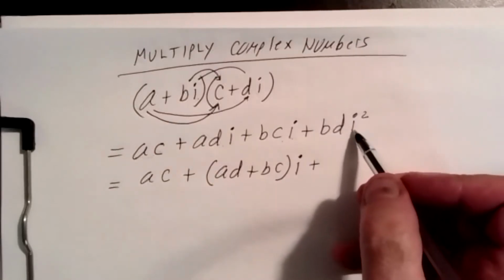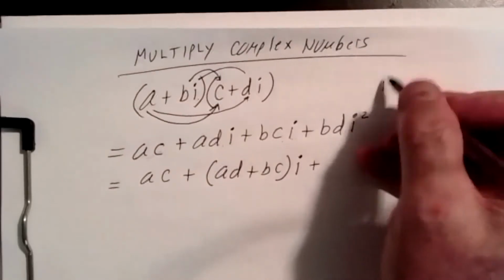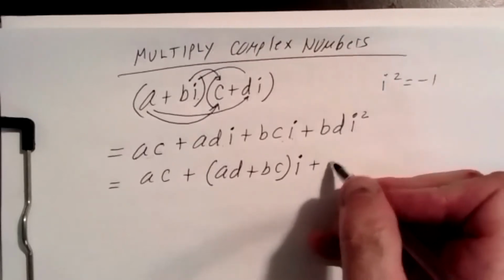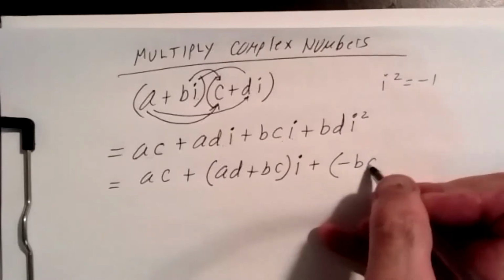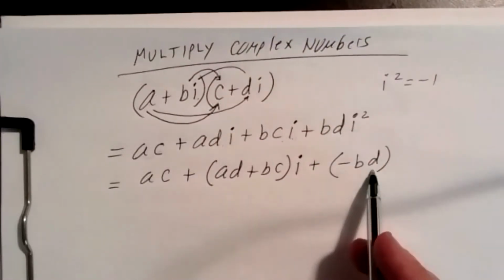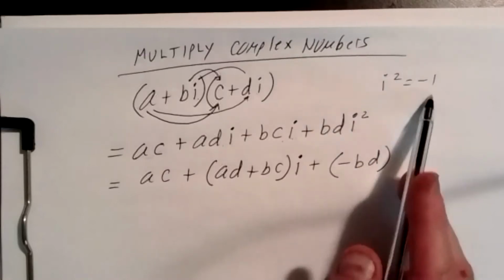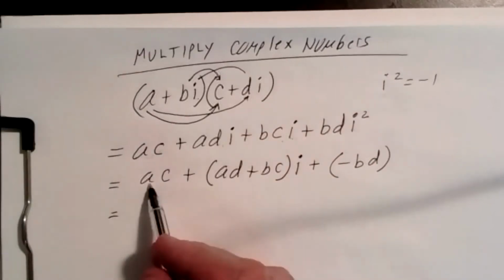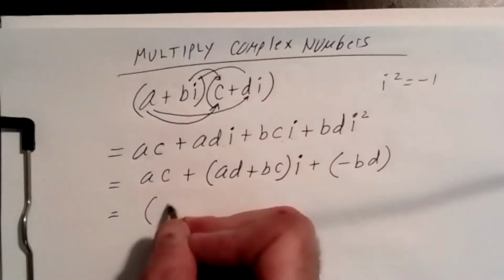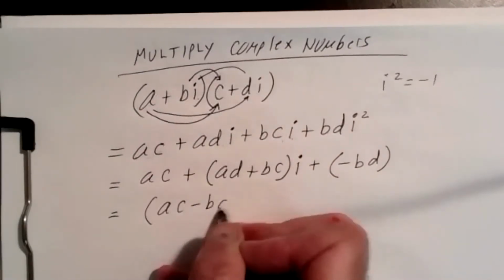bd i squared is what? i squared is what by definition? Negative 1. So bd times negative 1 is negative bd. But ladies and gentlemen, ac and negative bd are real numbers, so they can be combined to simplify this. So we have ac minus bd.